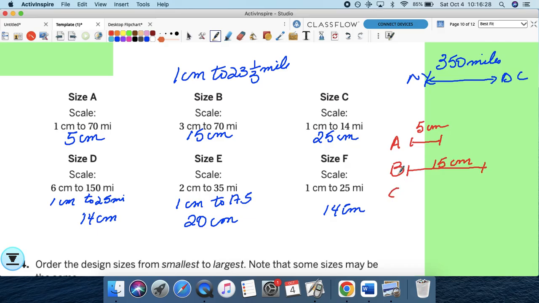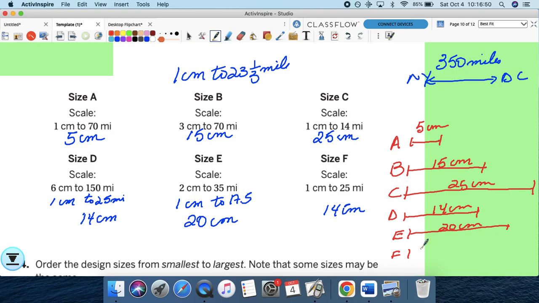If I use scale C, it'd be 25 centimeters. If I use scale D, it'd be 14 centimeters. If I use scale E, it'd be 20 centimeters. And scale F is exactly 14 centimeters as well, just the same as scale D.